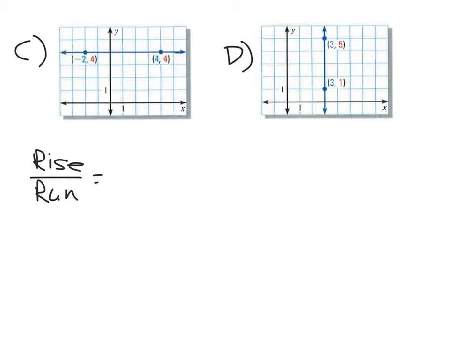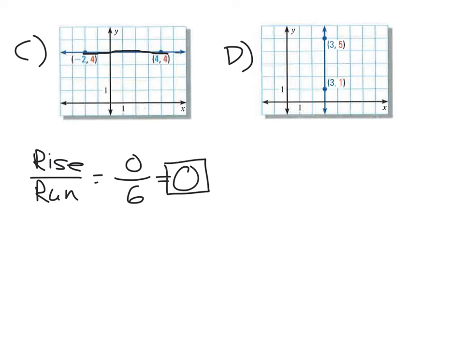Now, if I'm starting at negative 2, 4, and I'm trying to get to 4, 4, I actually can't go up or down, right? To get to this next point, I'm just going to go straight across. So my rise is actually 0. And my run is 1, 2, 3, 4, 5, 6 spaces. 0 over 6. 0 divided by 6 gives us 0. So we have a slope of 0.